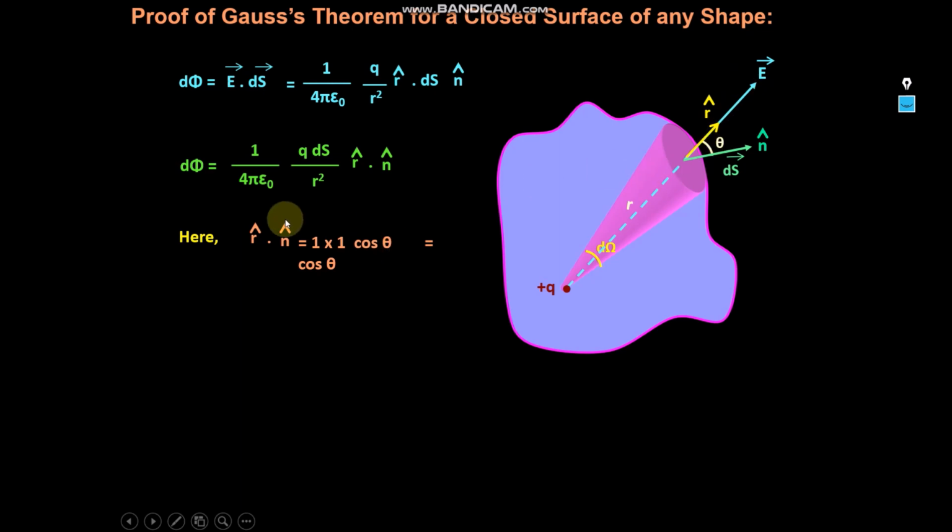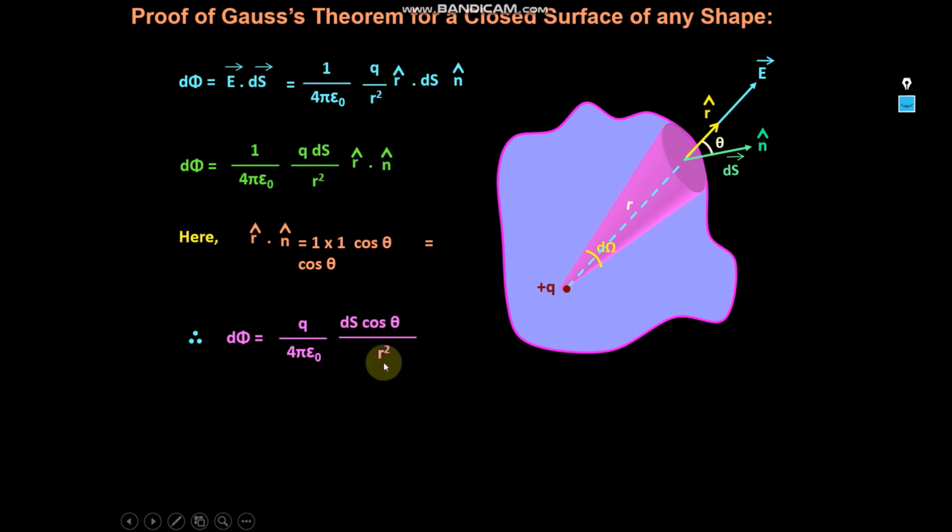In the earlier case of regular shapes, what was cos theta? Cos theta was 1, because theta was 0. Now here theta is not 0, it is some certain angle, so it will be cos theta. Therefore d phi equals q by 4 pi epsilon naught ds cos theta by r square.